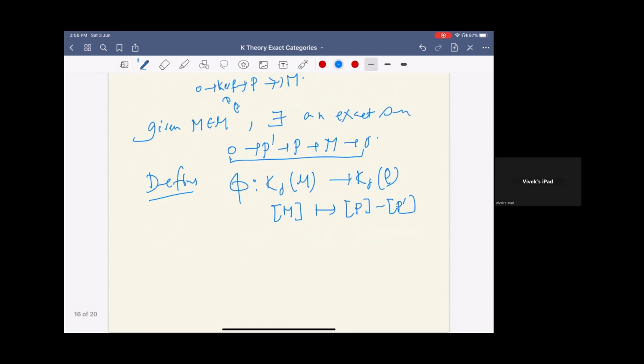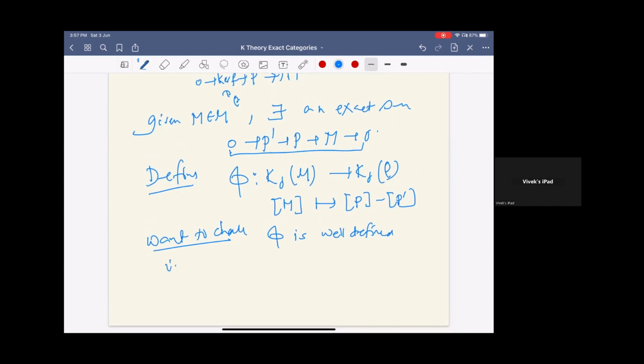Now what do I have to check? We have to check phi is well defined. We have to check this for M: the resolution is independent of the choice of resolution, right?